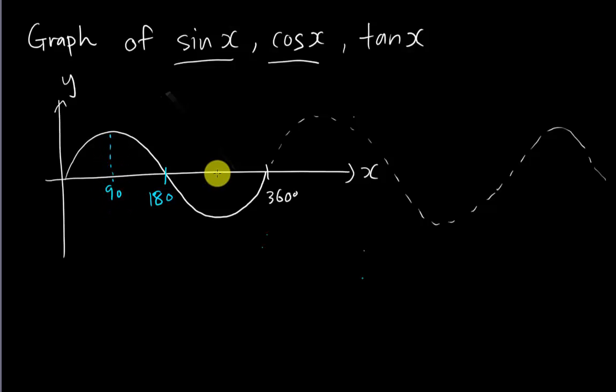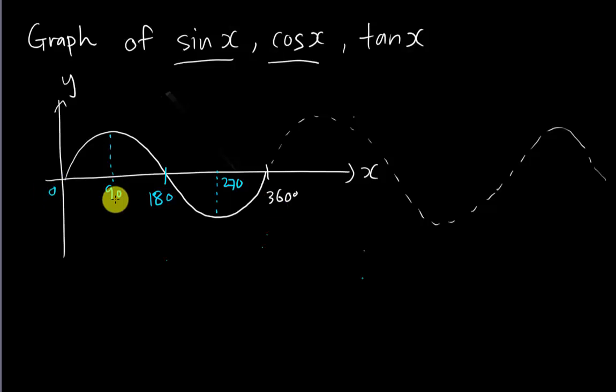And then it will be 270. And the last one is 360. So remember, for the sine graph and cos graph, or even tangent, you always divide like this: 90, 180, 270, and 360. And of course, the first one is 0.